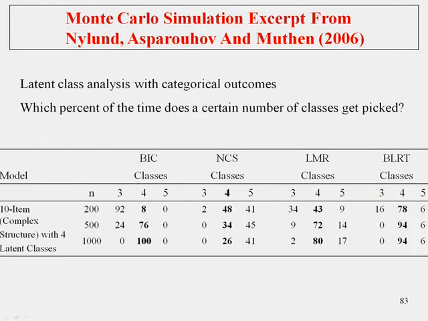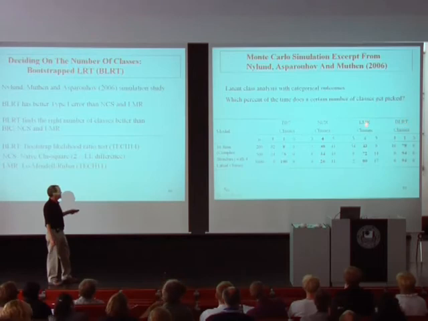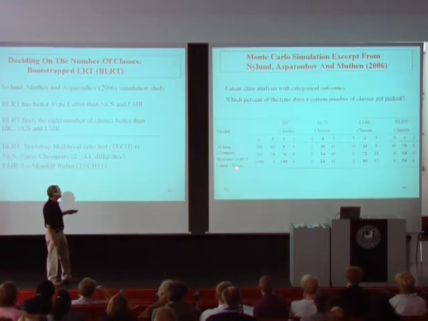So you have the BIC approach, you have the naive chi-square approach, you have Lo-Mendell-Rubin, which is Tech 11, and you have the bootstrap likelihood ratio test, which is Mplus Tech 14. Tech 14, Tech 11. And you have a 10-item complex 4-class latent class model.